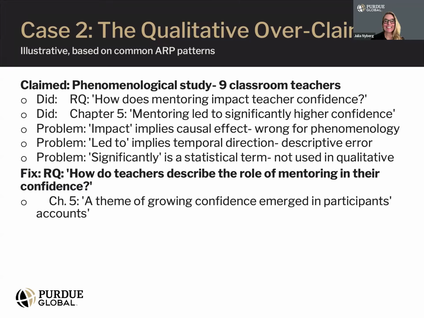Significantly. Significantly is a statistical term with a very precise technical meaning. Do not use it in qualitative findings. Another term, higher. Higher implies measurement, but phenomenology describes experience, not quantities.